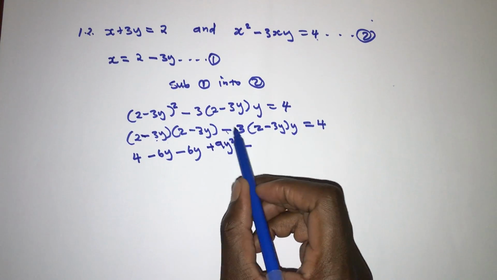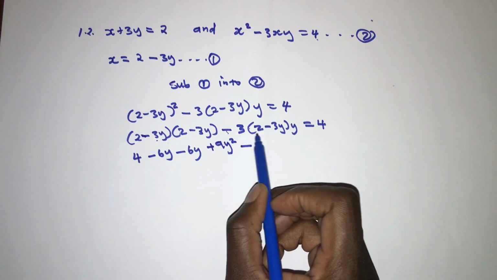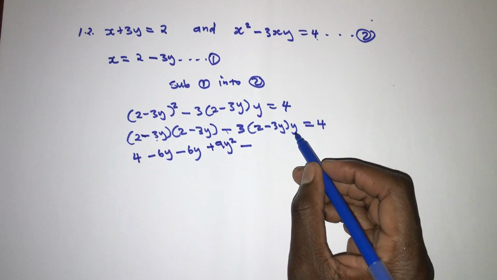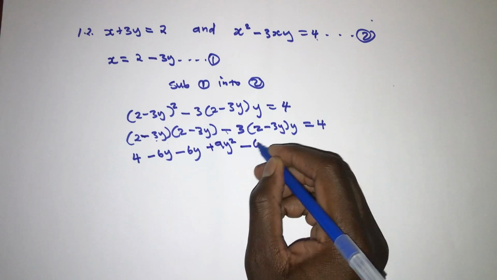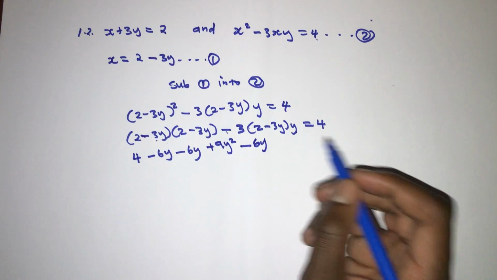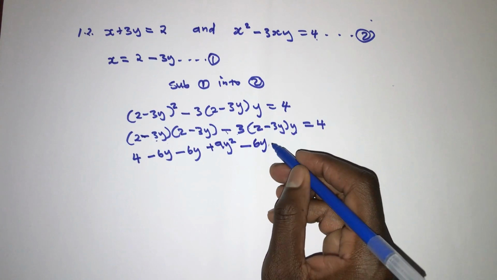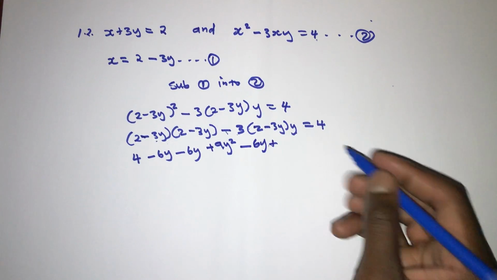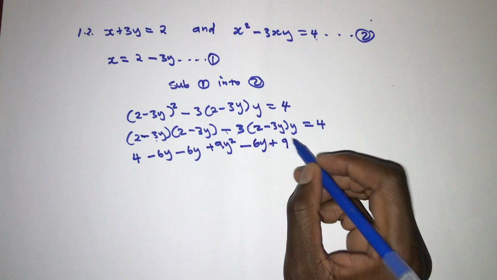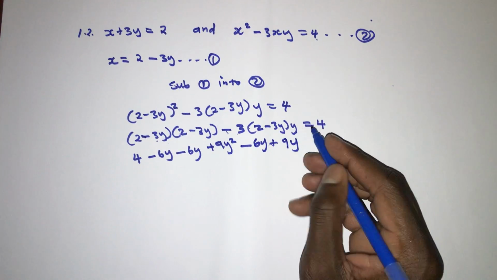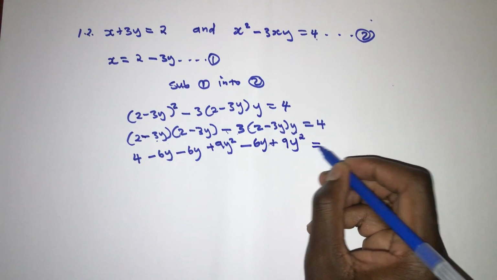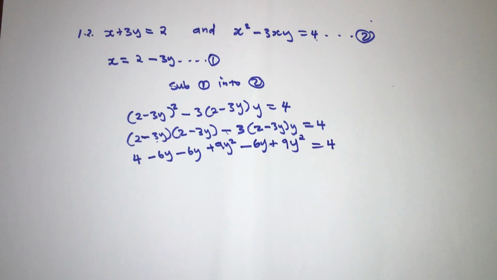Then minus, this is the negative 3 times 2, that is 6, then times y. So it's 6y. Then 3 times 3y, that is positive, negative times negative is positive, 9y times y, which is 9y squared. Then it's equals to 4.